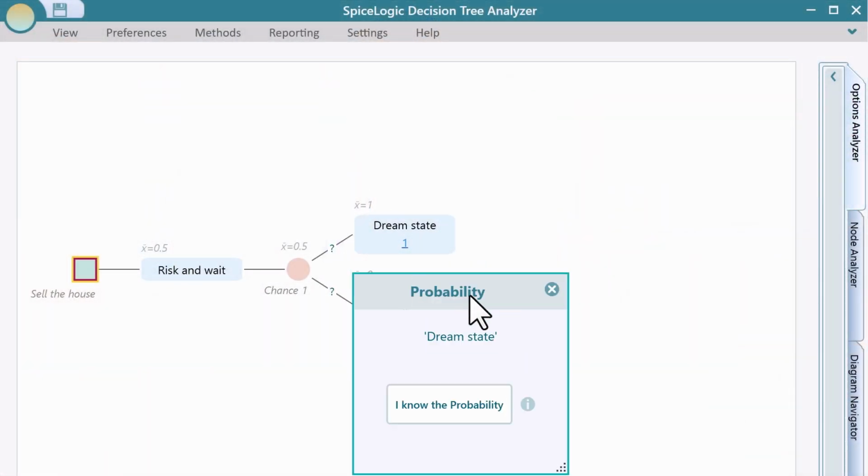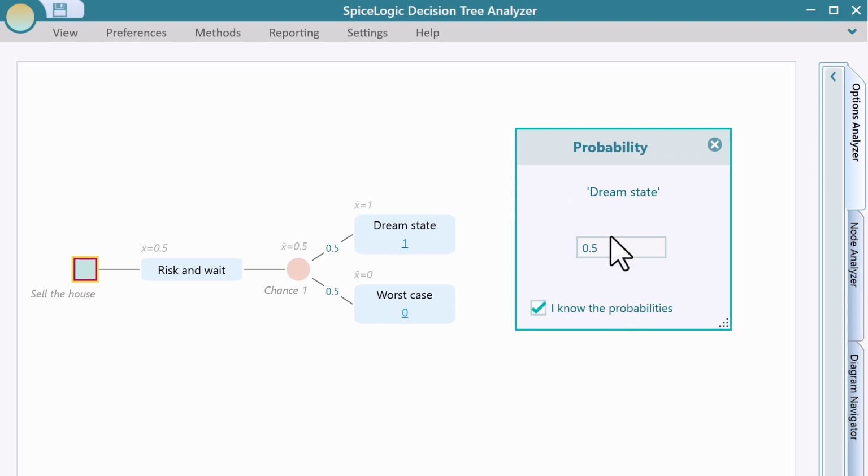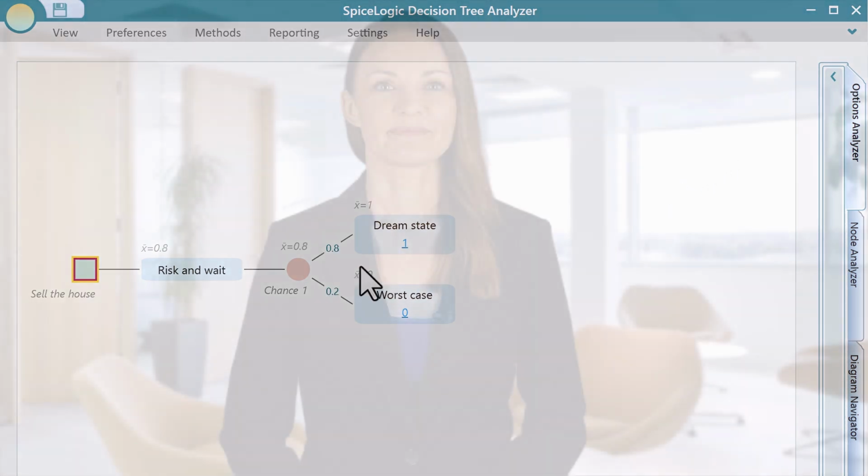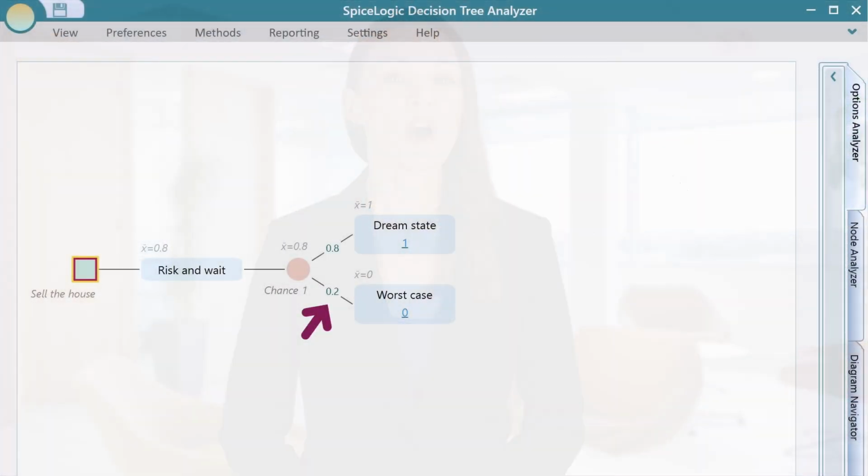The probability of getting your dream price is 80%. So, okay, set it here. In such a case, it will be highly unlikely that you would need to wait 6 months and eventually sell it for the lowest price. That unfortunate event probability is auto-calculated as 20%.